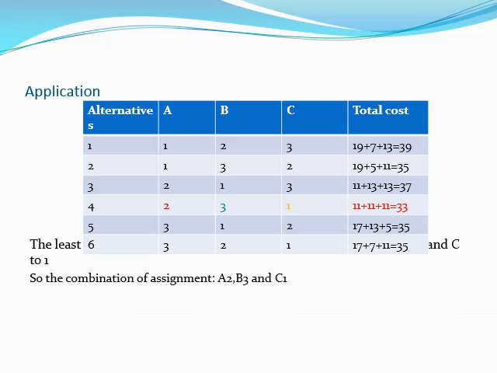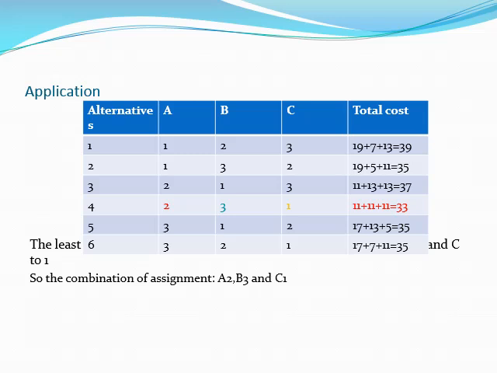So, in order to take an optimal decision, we have to assign machine A to implement job 2 and machine B to implement job 3 and machine C to implement job 1.